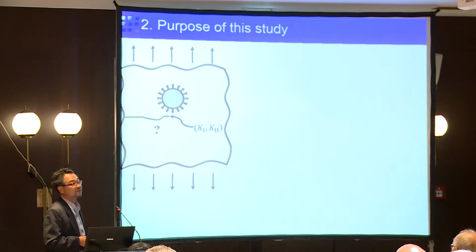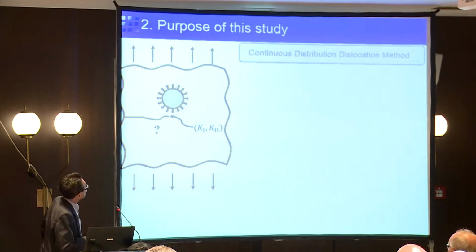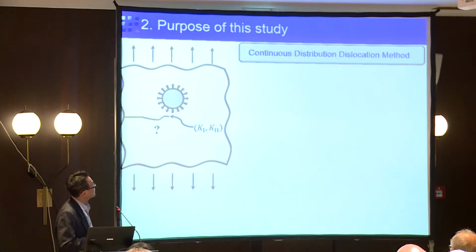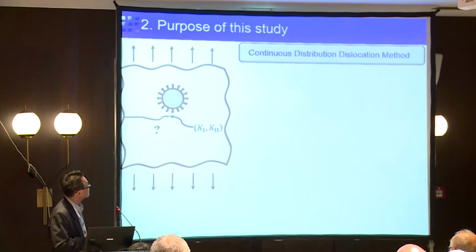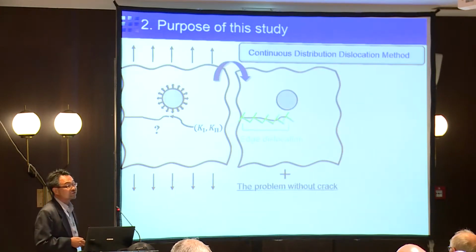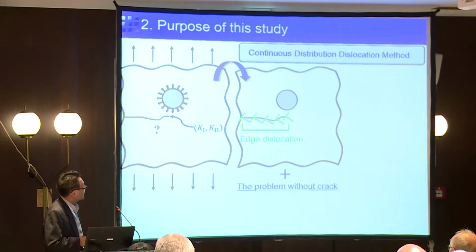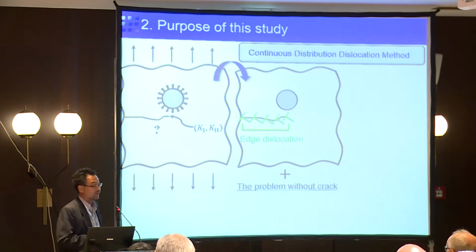For evaluating the stress intensity factor for these cases, we are interested in the continuous distribution dislocation method. In this method, the edge dislocations are distributed around the crack as shown here. For deriving the stress intensity factor, the problem is superposed with a problem without the crack with the same geometry.